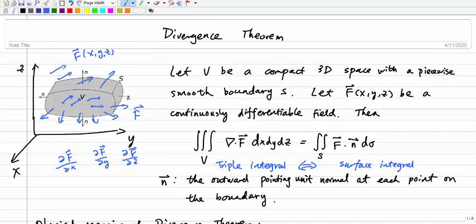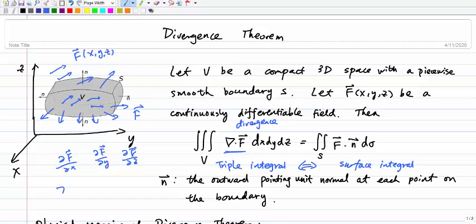Okay, if that's true, then we can talk about the divergence of the vector field.